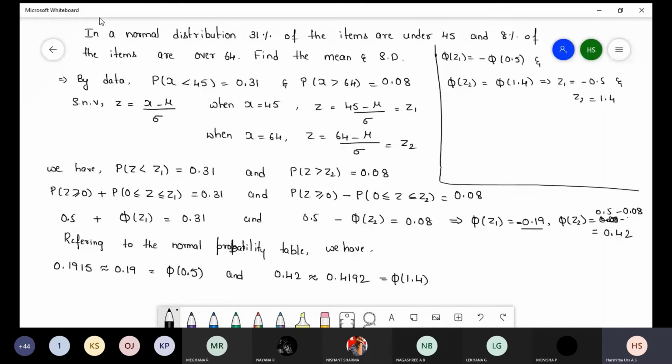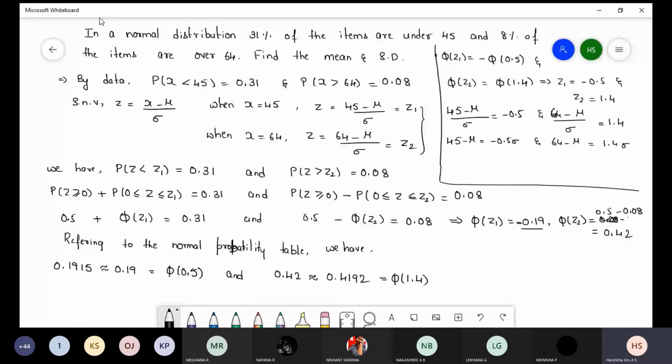Both Z1 and Z2 values we have to substitute in these two equations. So 45 minus mu divided by sigma is equal to minus 0.5, and 64 minus mu divided by sigma is equal to 1.4. Cross multiply: 45 minus mu is equal to minus 0.5 into sigma, and 64 minus mu is equal to 1.4 into sigma.